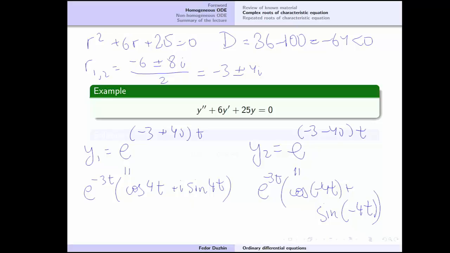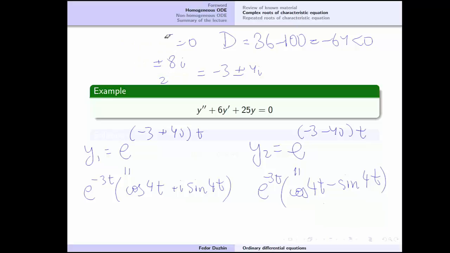Well, but cosine is an even function, which means that this minus can be deleted, and then I'm going to get just cosine of 4t. And sine is an odd function, which means that this sign can be moved out here. And here is what I get.